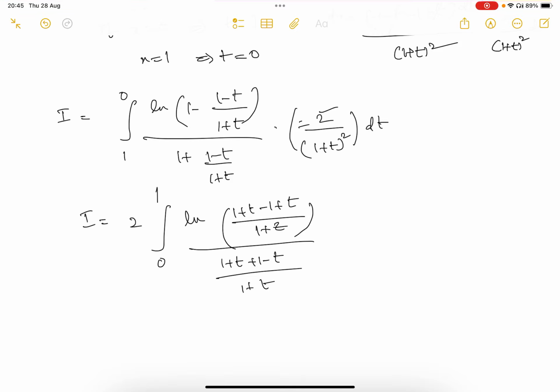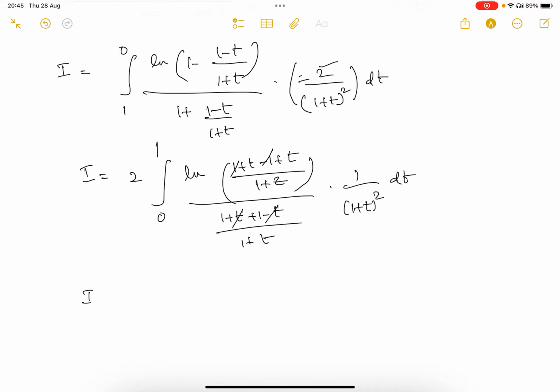Minus 2 is gone, then the remaining here is 1 by (1 plus t) whole square dt, right? This plus 1 minus 1 will go, then we are left with plus t minus t will go, right?